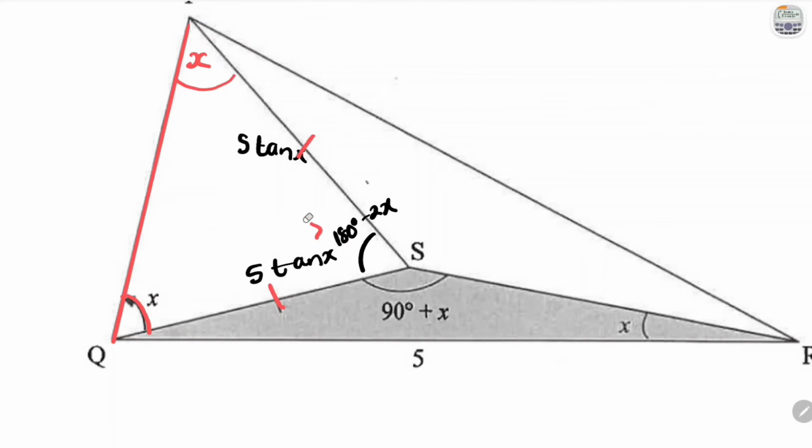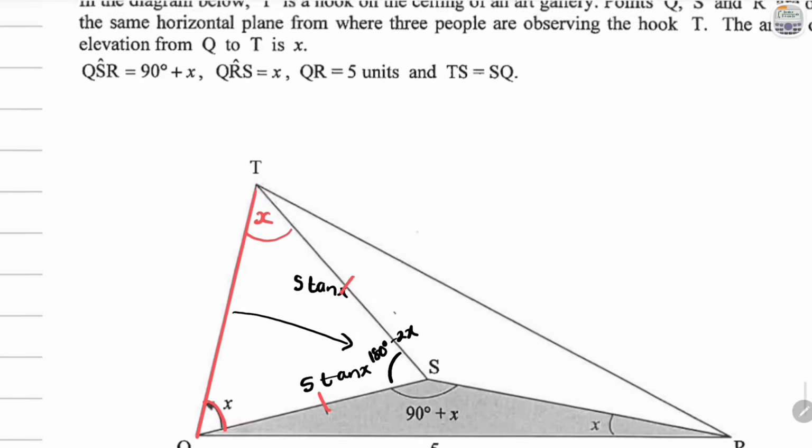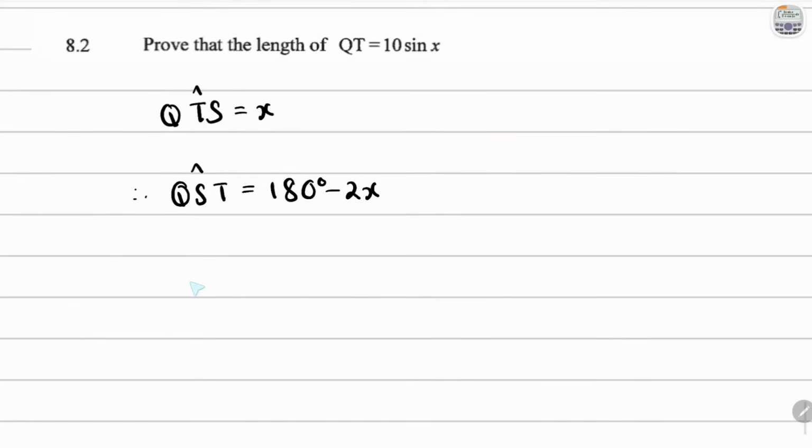And now we can finally find QT because we have the angle opposite it. So we're using QT and the angle opposite it. So we'll say QT over sine of the angle opposite, which is 180 degrees minus 2x. That's QT over sine 180 degrees minus 2x.